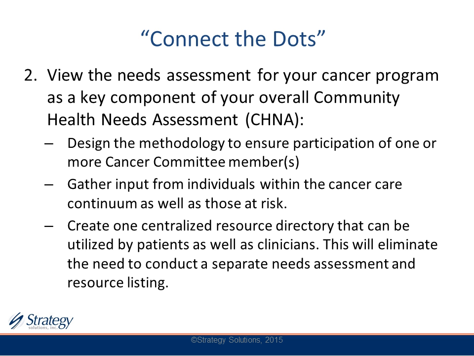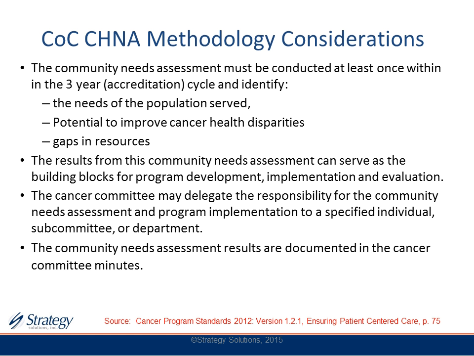And then the other thing to do is to create one centralized resource directory that can be utilized by patients as well as clinicians. This will eliminate the need to do a separate resource listing. And you can even highlight in your overall resource listing, these are the things that are especially helpful to cancer patients, or tie it to certain service lines.